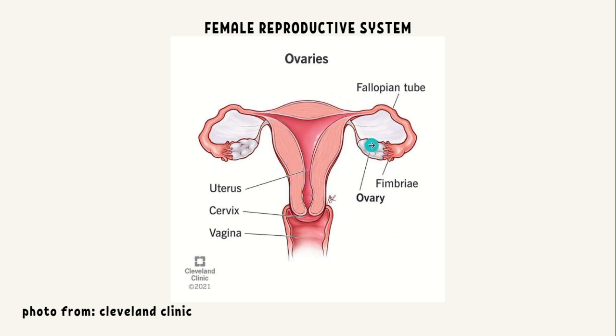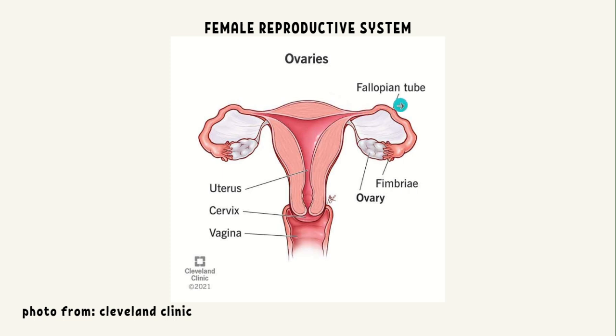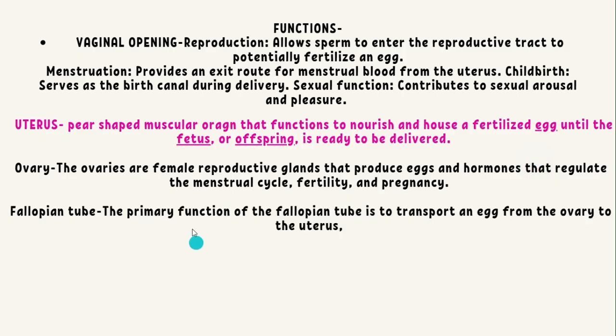But basically, this is the ovary, this is the fallopian tube, and this is the fimbriae. You don't really have to necessarily know this one right here, but everything else, the vaginal opening, the cervix, the uterus, the fallopian tube, and the ovary, I would suggest you know how to draw this, or at least have a mental representation in your mind of how it exactly looks.